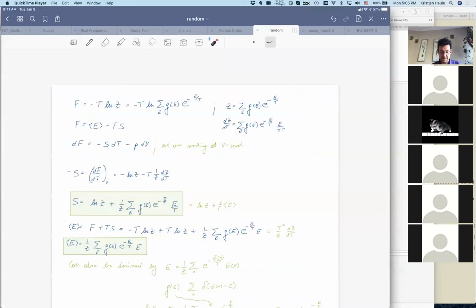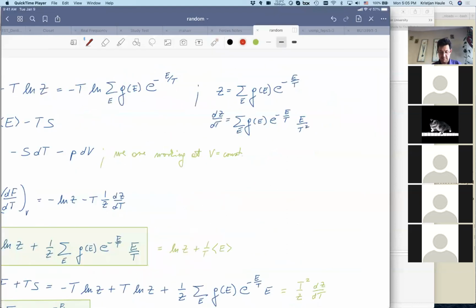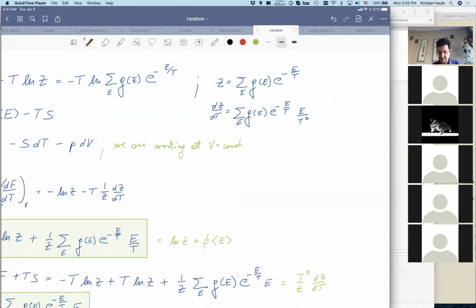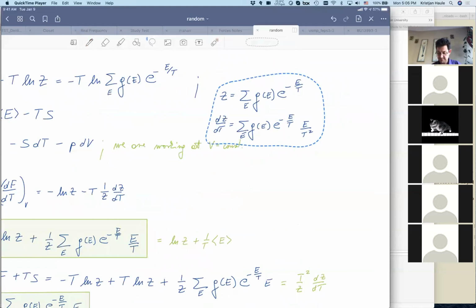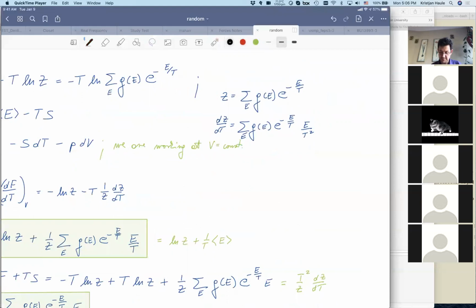Okay, so again, how do we know that? Well, by definition, of course. So by definition, we know that Z is equal to the sum over all configurations of e to the minus E of x divided by T. But then we introduce the density of states such that when we integrate over energies only, then we can write e to the minus epsilon over T times the degeneracy of each energy.